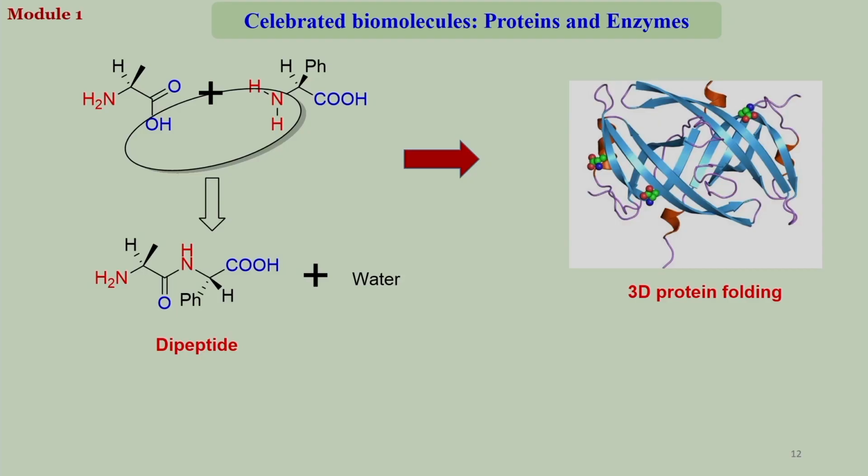This is just a rough sketch: if you have 2 amino acids, in this case I have taken one alanine and one phenylalanine, then under certain conditions or circumstances in biological systems, they will condense, eliminate a molecule of water and form a dipeptide or peptide. This molecule is a dipeptide because it has 2 amino acids. This is the peptide bond, CO and NH. This is basically an amide bond, and when it is formed between amino acids, we call it a peptide bond. So, the new peptides are formed.